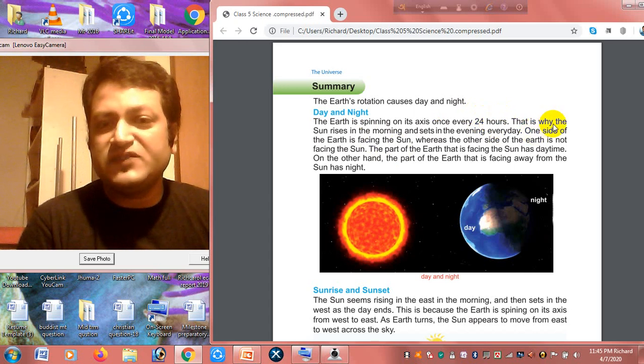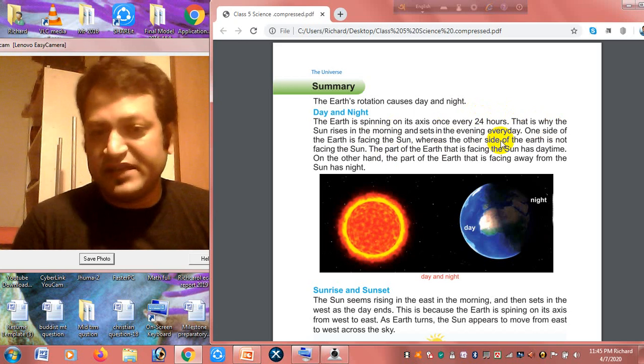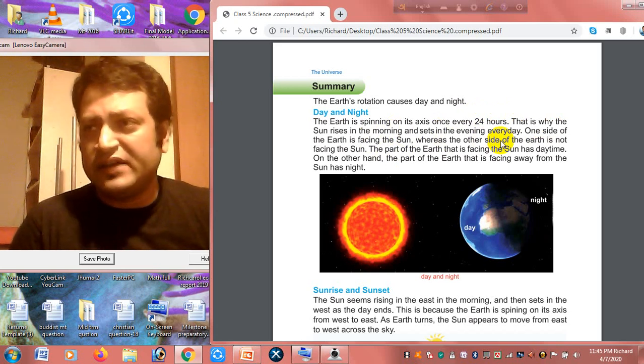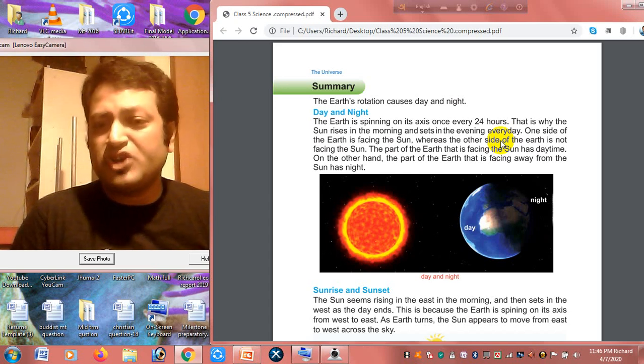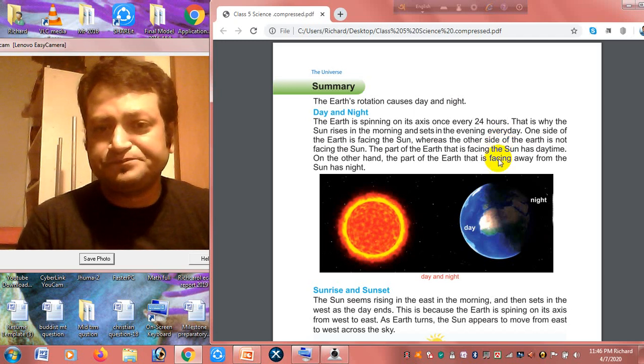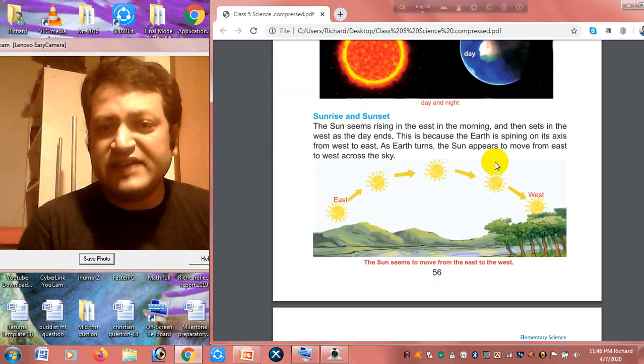That is why the sun rises in the morning and sets in the evening every day. This is the general thing we tell: the sun rises in the morning and sets in the evening, but actually the sun never sets. Only the rotation of the Earth creates day and night. Do you understand? See the sunrise and sunset.